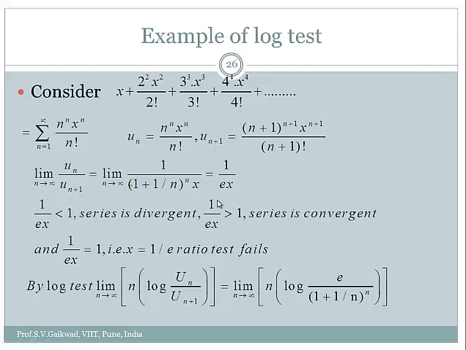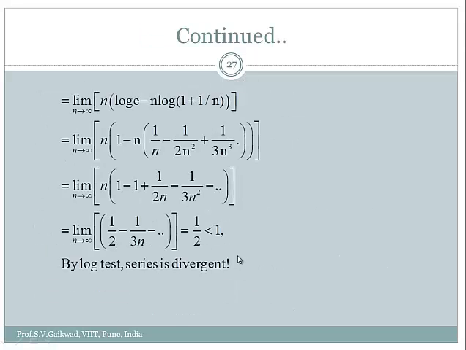By ratio test, if limit less than 1, series is divergent. Note that I have taken the un upon un plus 1. So less than 1 divergent, greater than 1 convergent, and if the ratio test fails, if limit is 1. So if 1 upon e raised to x is 1, that is x equal to 1 by e, the ratio test fails. So now I am putting x equal to 1 by e here and applying the log test.